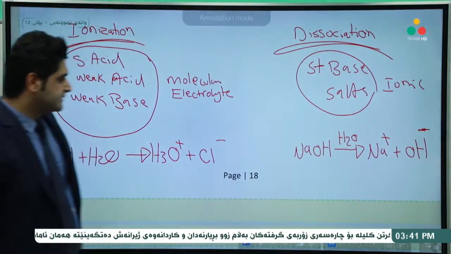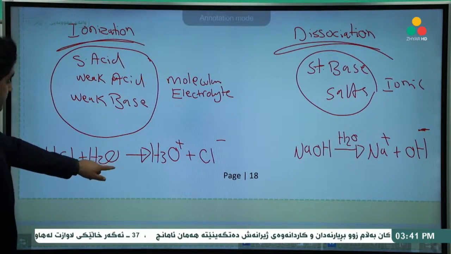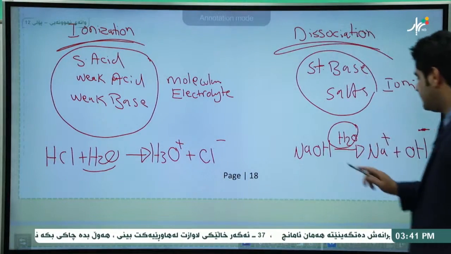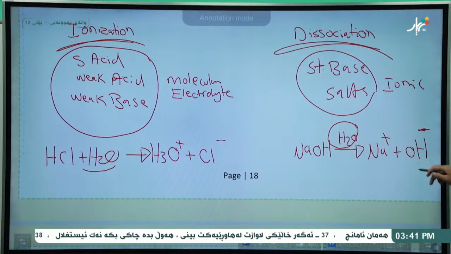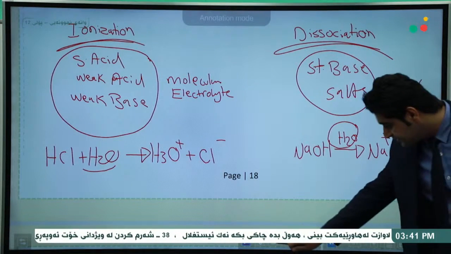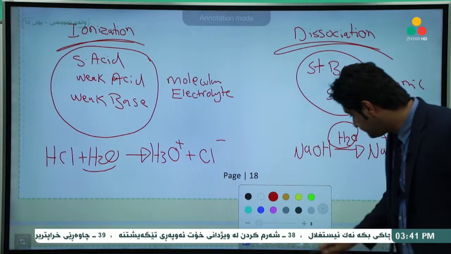Okay. Now, can you see the difference between them? Why do we write water here, but write water above the arrow? Here, we can see that the ions are present by themselves before and after the dissolving process.